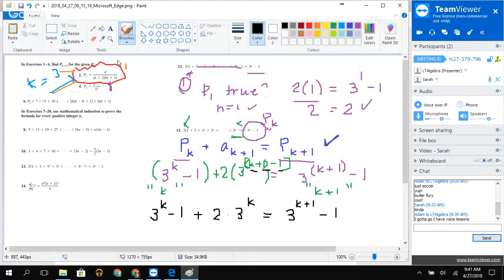So what happens if you have 3 to the k plus 2 times 3 to the k? That actually ends up being 3 times 3 to the k, minus 1.